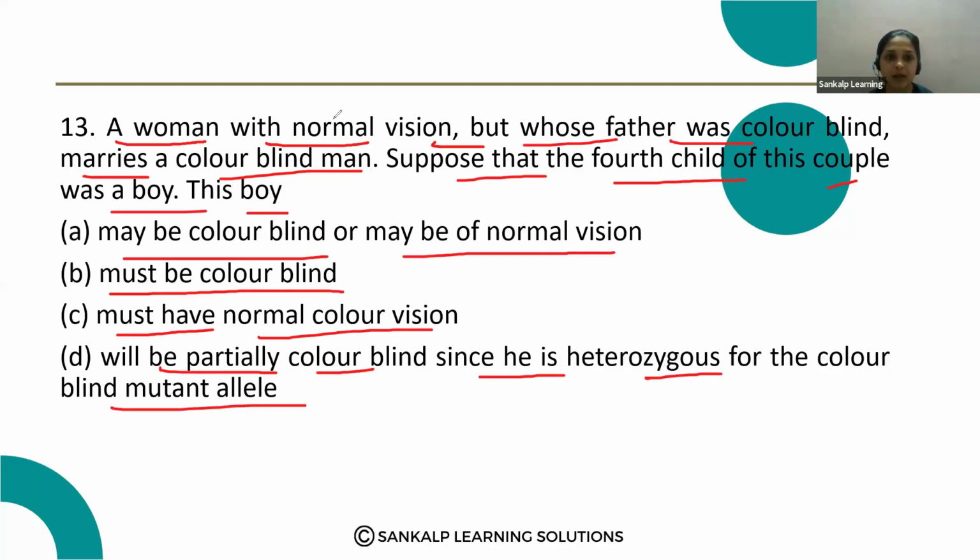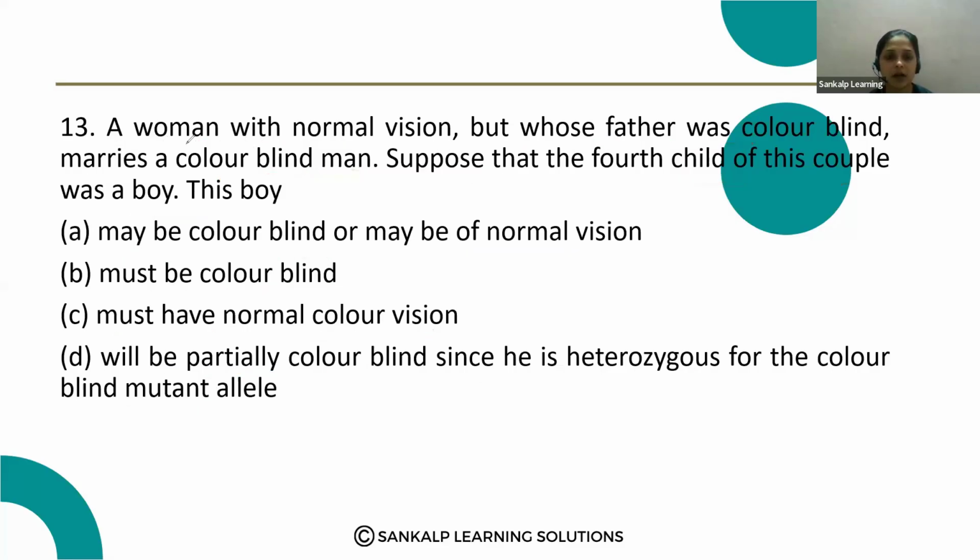See here, a woman with normal vision. Normal vision means she may be a carrier, right? Her father is colorblind, because XY is her father who is colorblind.